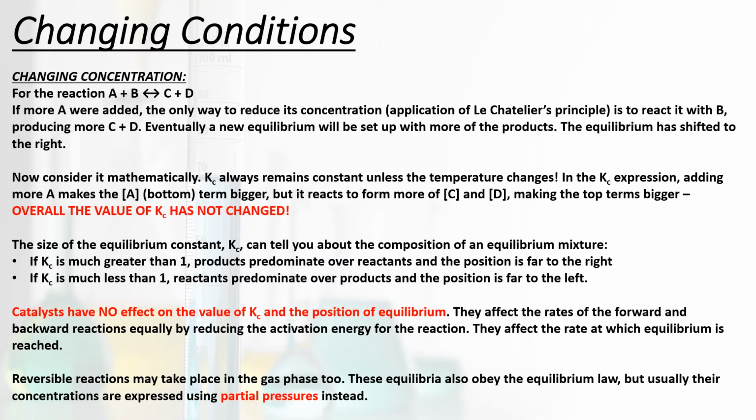Now we can also think of changing concentration. The really key thing to remember here, as we said on the previous slide, is that Kc only changes when the temperature changes.